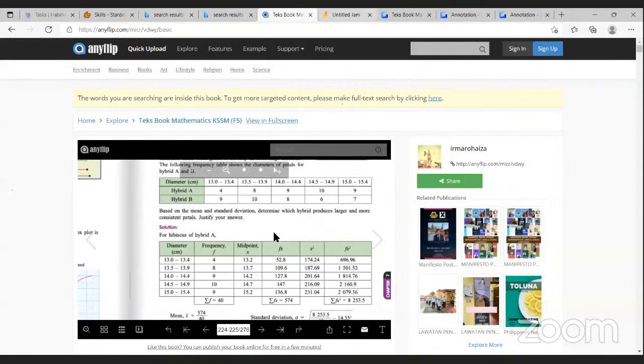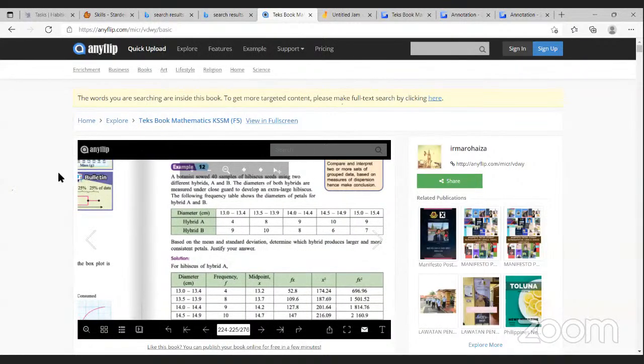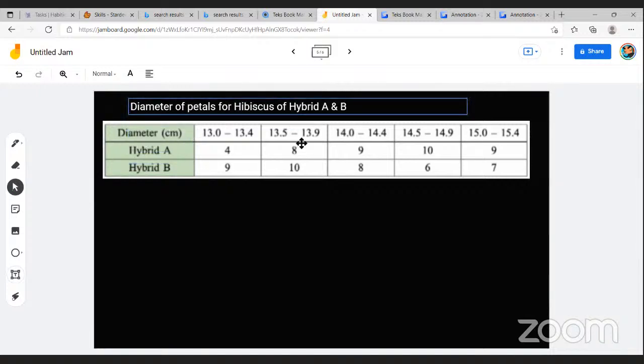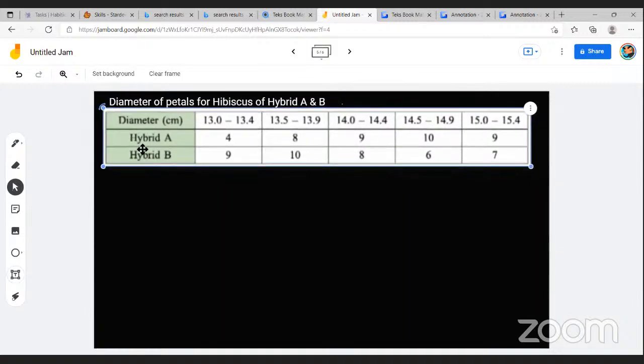Okay, this one is asking about hibiscus of hybrid A and B. So this is the diameter of petals for hibiscus of hybrid A and B. So let's take hybrid A first, because you can't do both at the same time, unless you really want to.